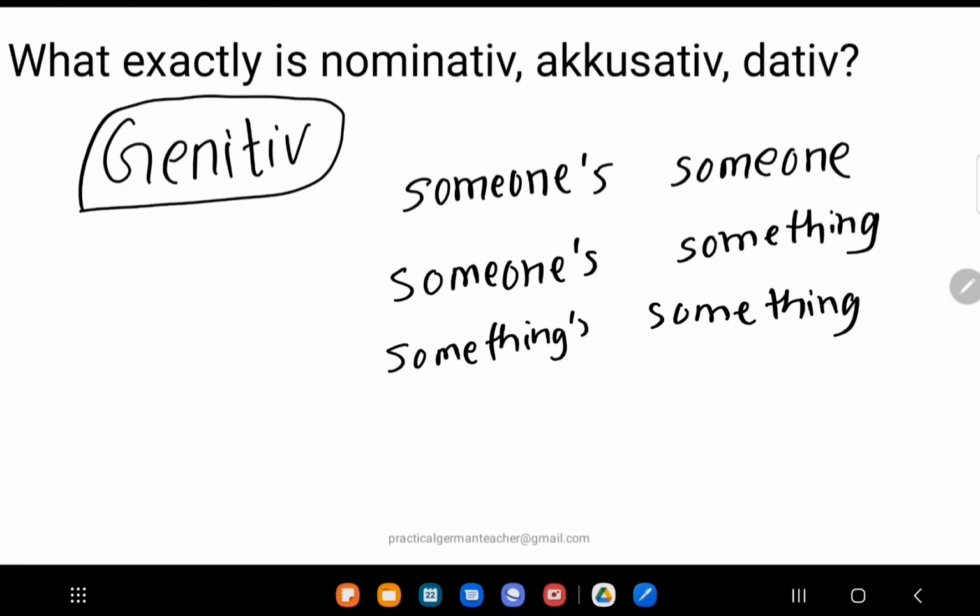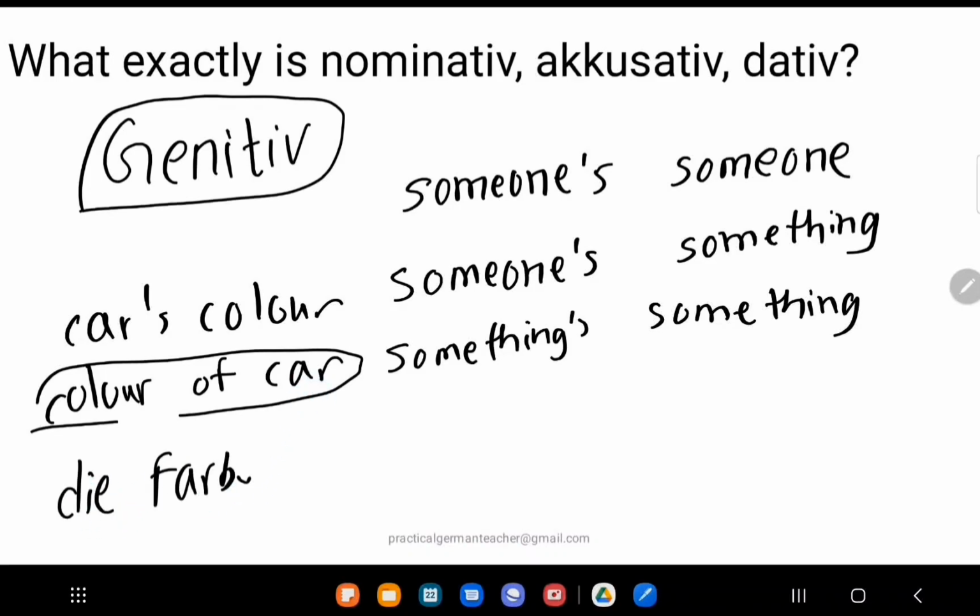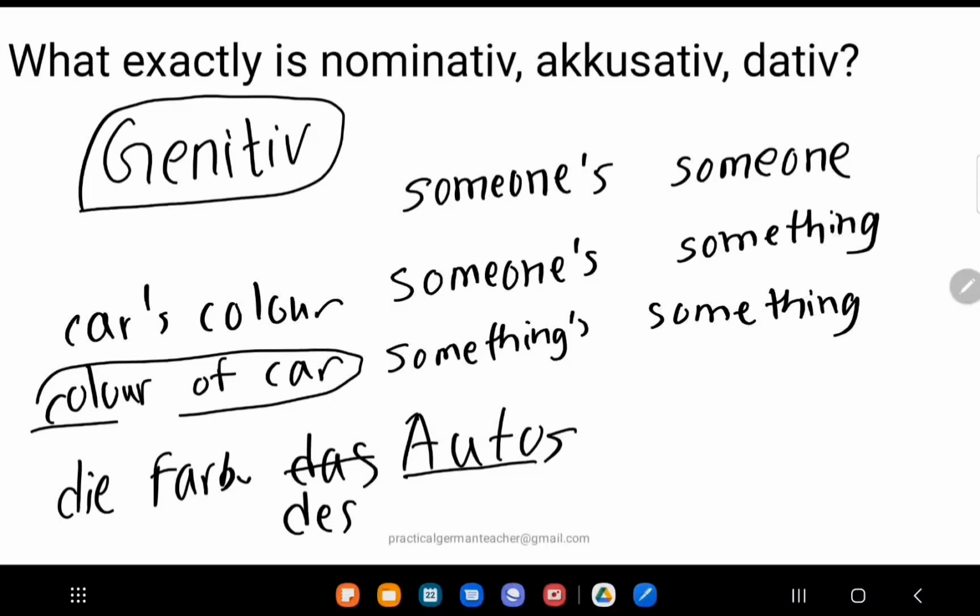What do I mean by this? If you want to say car's color, or color of the car, how do you say this? Color is die Farbe, and car is Auto, das Auto. But here it is in genitive case, so it will become des Autos, and because Auto is neuter, it becomes Autos.